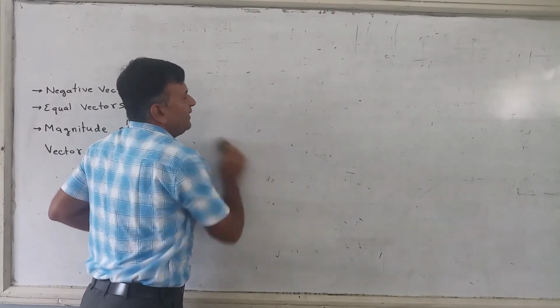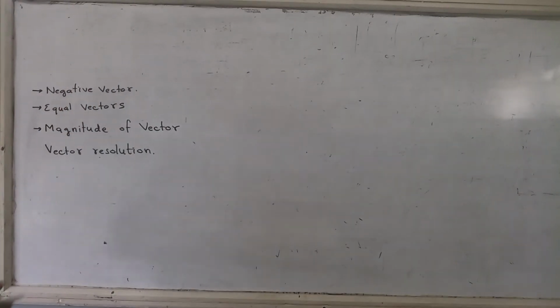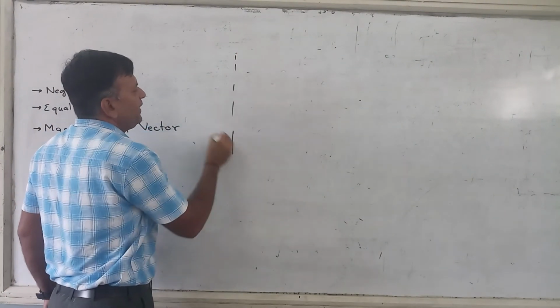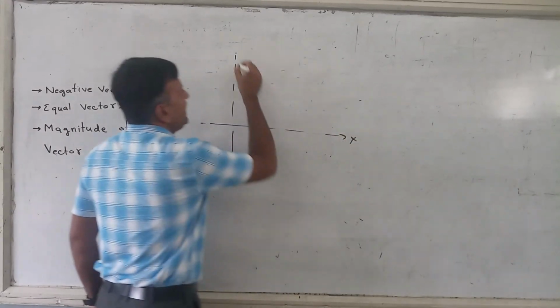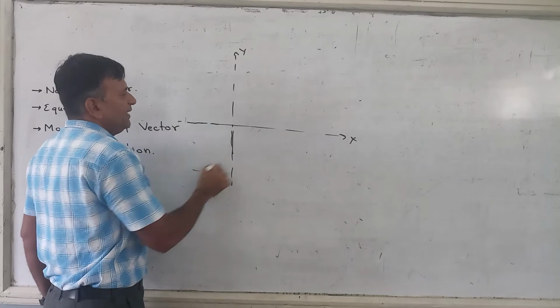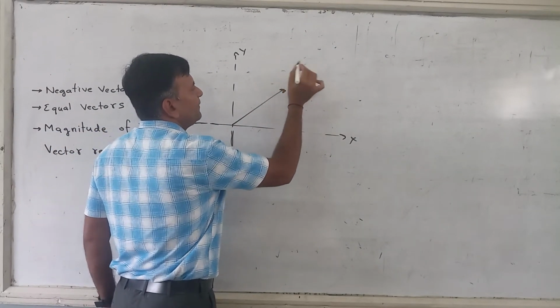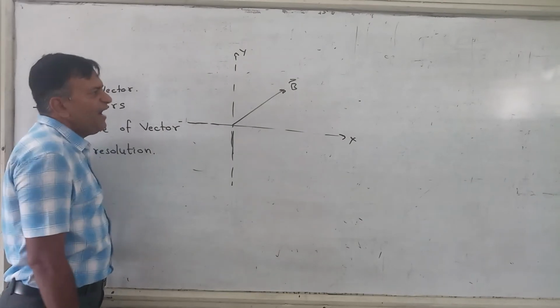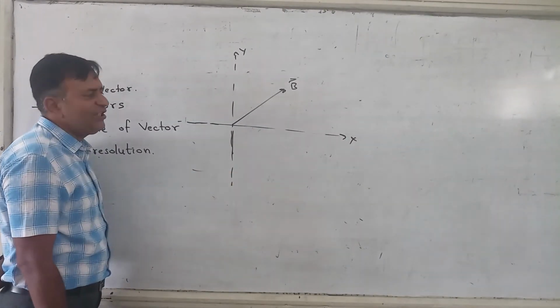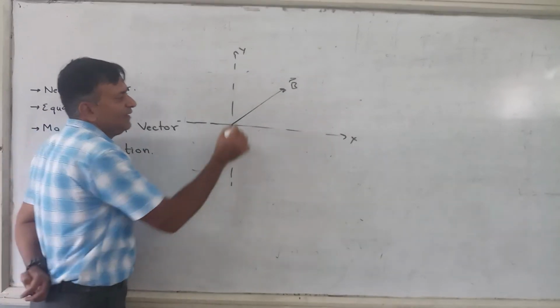Now, if the vector is given to you in geometrical form, I have this coordinate system, x-axis, y-axis, and I have this vector, say this is vector B. Okay, if I want to resolve B in different directions, what do I have to do? I must know one angle.